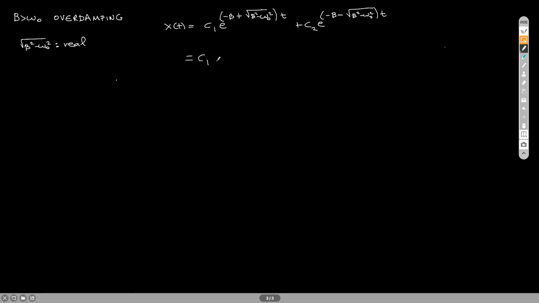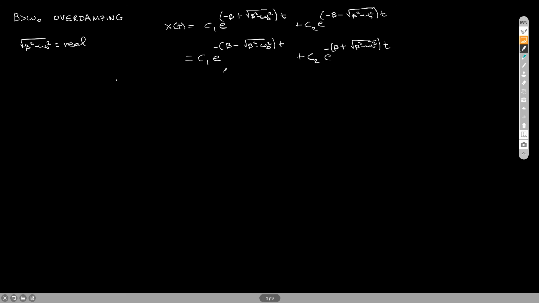I can say C1 e to the... I can take the minus out, and I will show you why. t plus C2 e... Again, I'm going to take the minus sign out, so this becomes a plus.